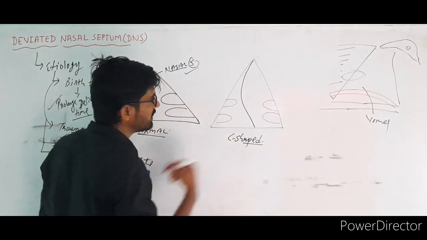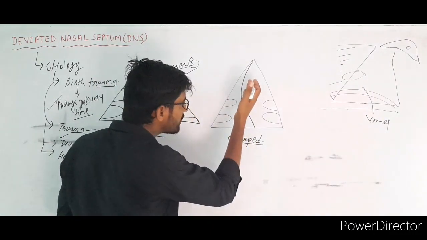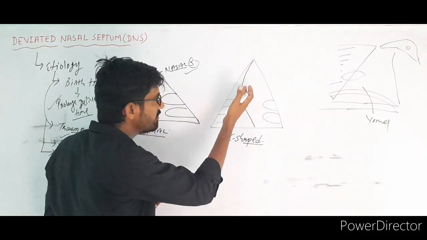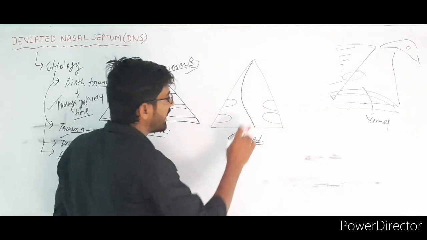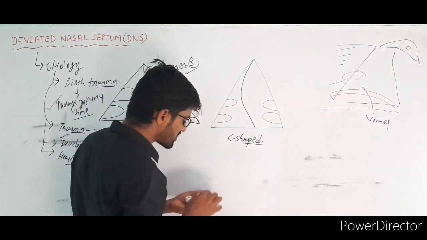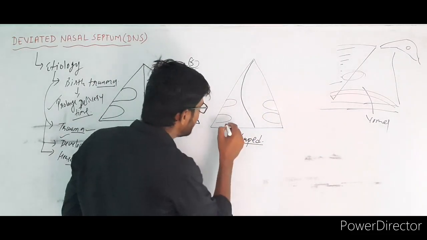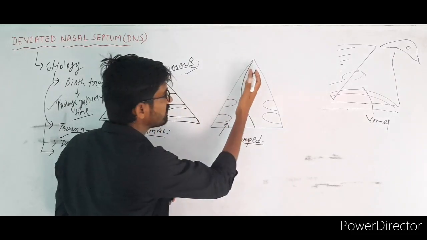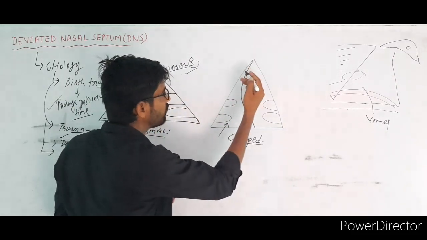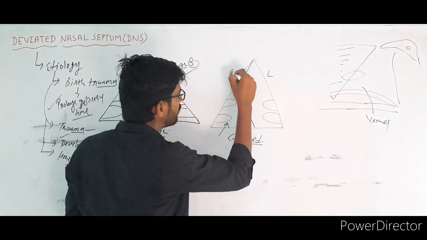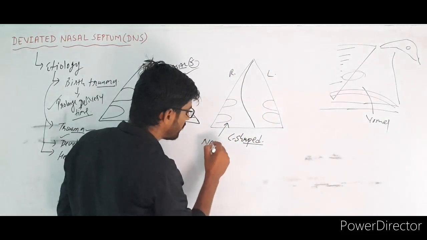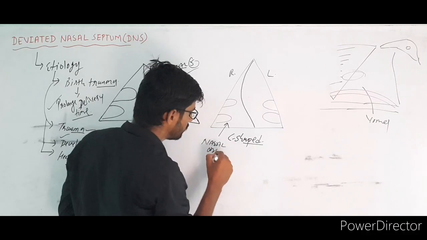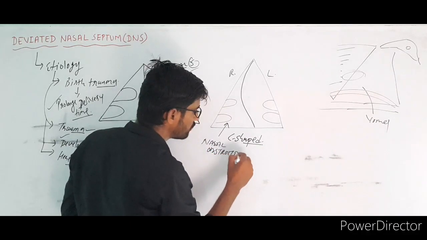In the C shape, what is happening? The nasal septum is deviated to one side, right or left. So there will be nasal obstruction from this side. For example, this is your left and this is your right, so it deviated to the right side. So here nasal obstruction will occur.